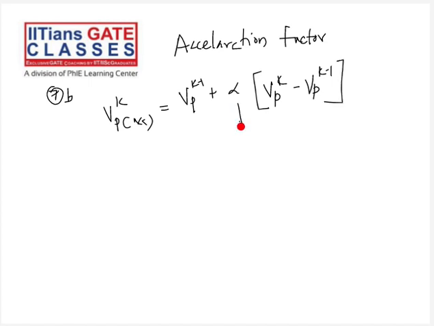This is called the acceleration factor, and this is a very arbitrary mathematical approach. So we usually tend to use alpha as 1.6.